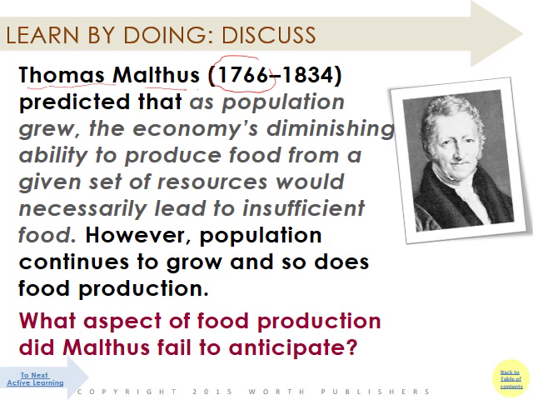In England, the amount of farmland seemed somewhat fixed, and if the population continued to increase and the marginal product of labor continued to decrease, the additional worker would not be producing enough additional food to even feed himself or herself.